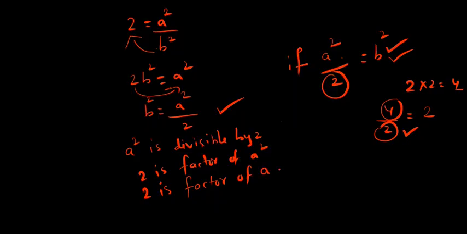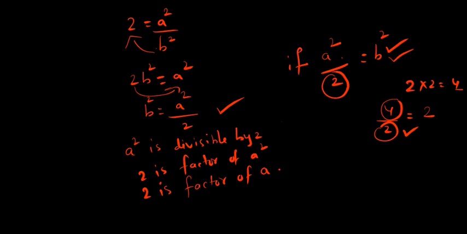Why did it come like this? We know that 2 is a factor of a square, that we agree. But how is 2 a factor of a? If 2 is a factor of a square, how is 2 a factor of a? I will tell you now.